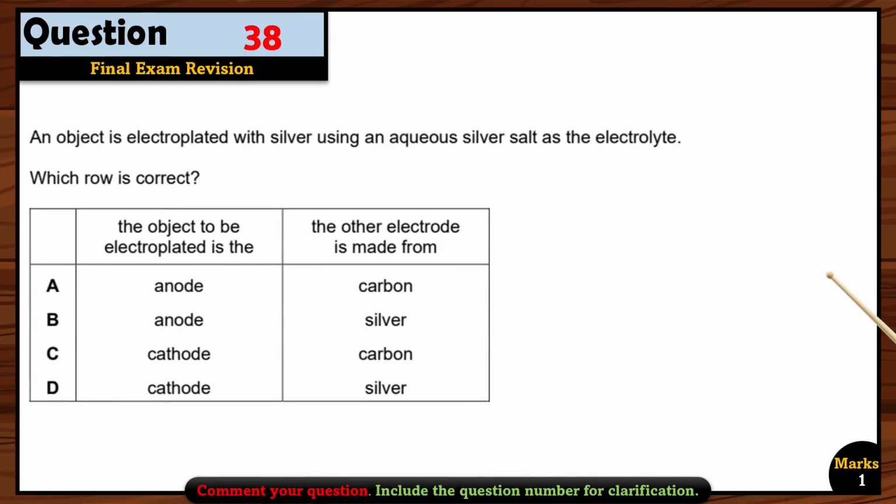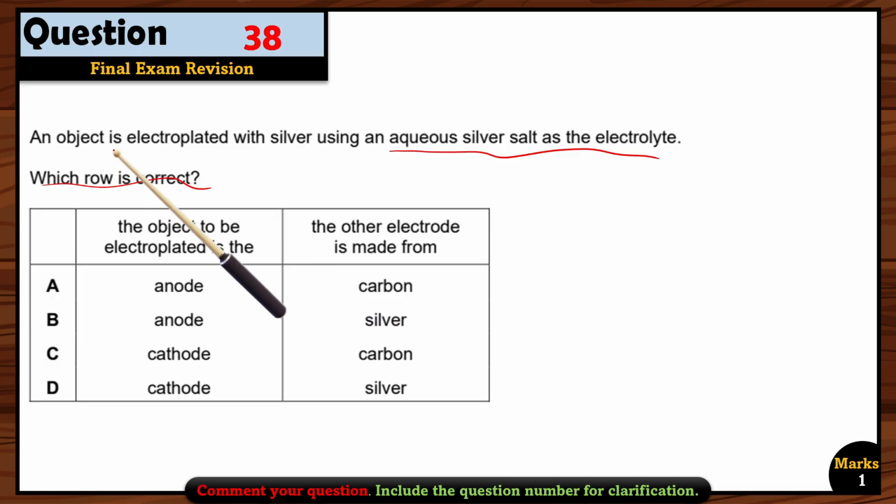Let's see question 38. An object is electroplated with silver using an aqueous silver salt as the electrolyte. Which row is correct? For electroplating, you have to remember this always: the cathode will always be made up of the object that you want to electroplate.